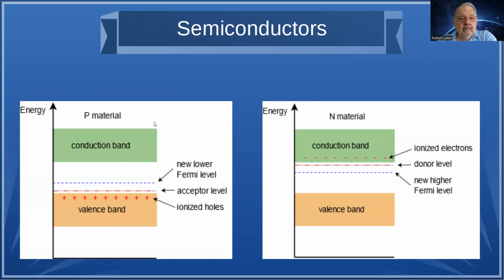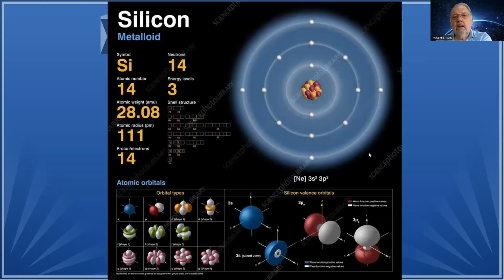This is just showing, for a P material, it's basically a material that has excess holes or missing electrons. In the case of an N material, it's got an excess of electrons that are bound in the crystal. There's our silicon with 4.